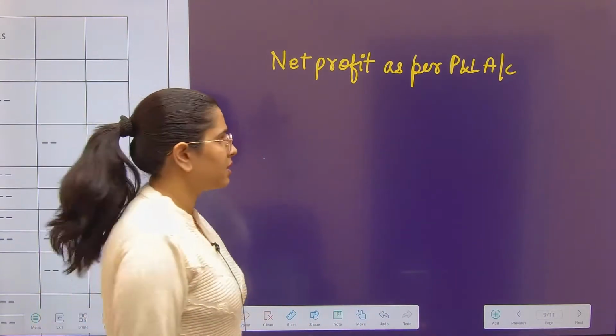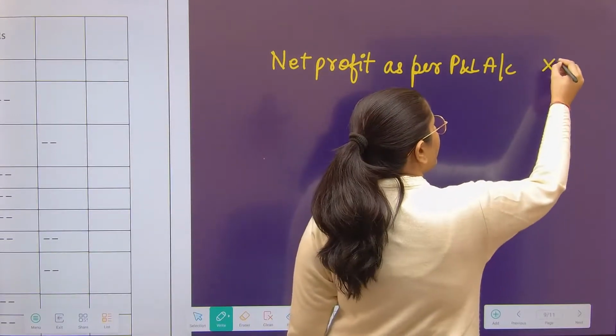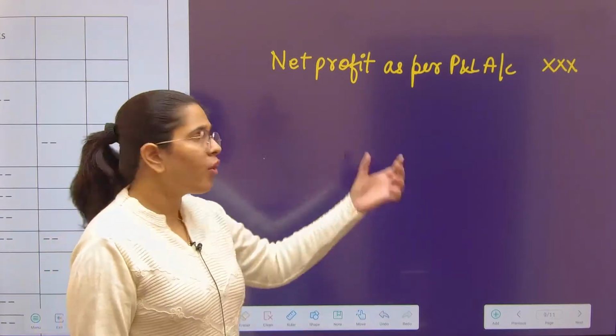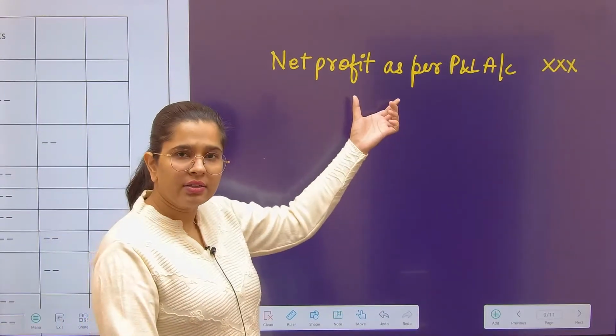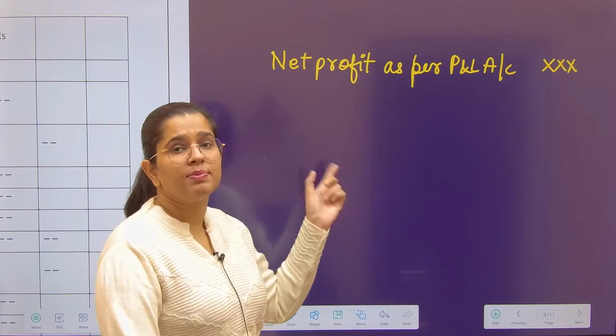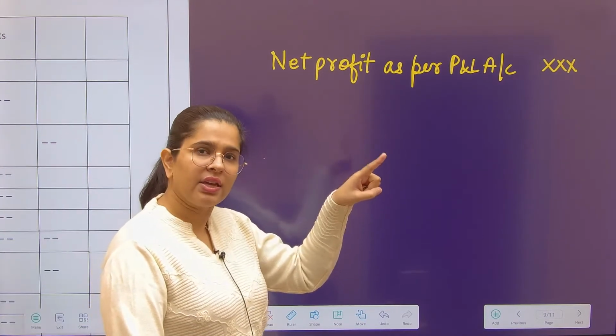I will have this. Now, there will be certain expenses which I have already deducted in here, but I should not have deducted because all those expenses belong to financing activity, right?